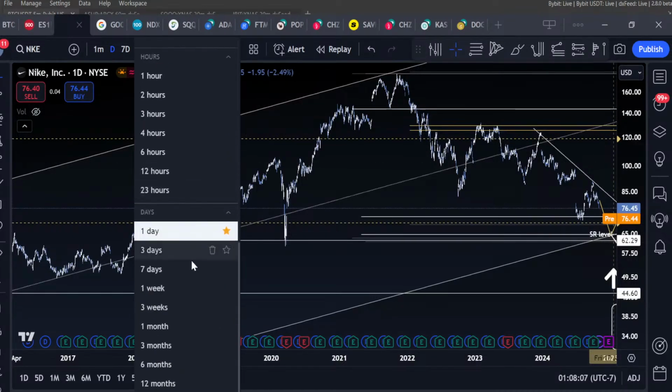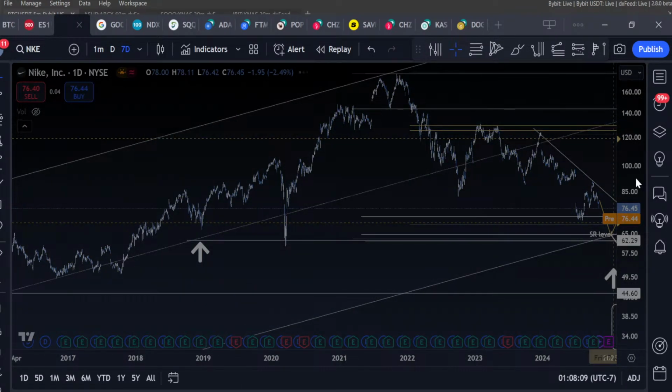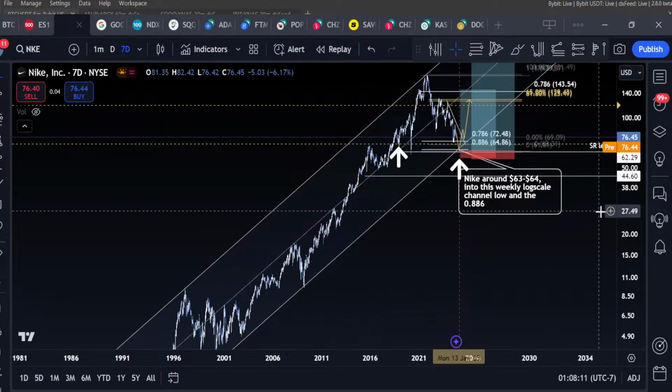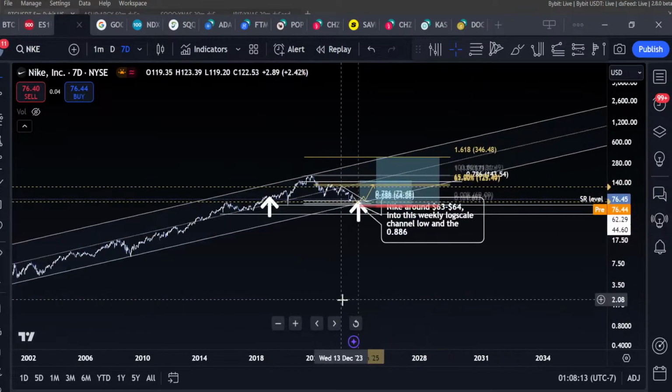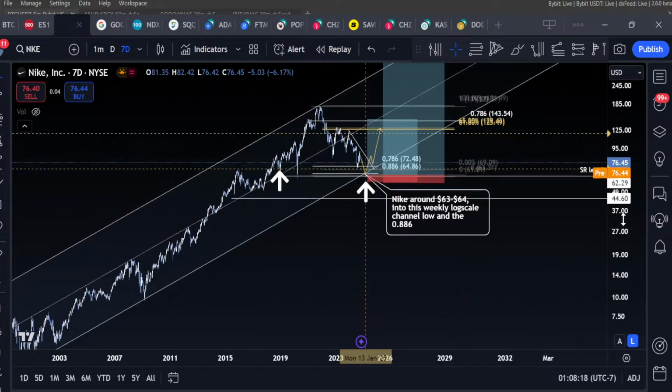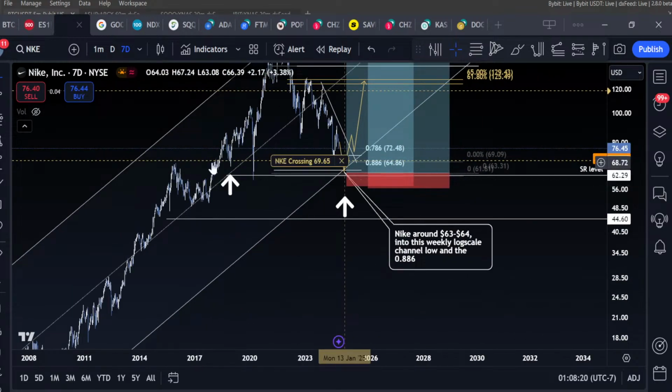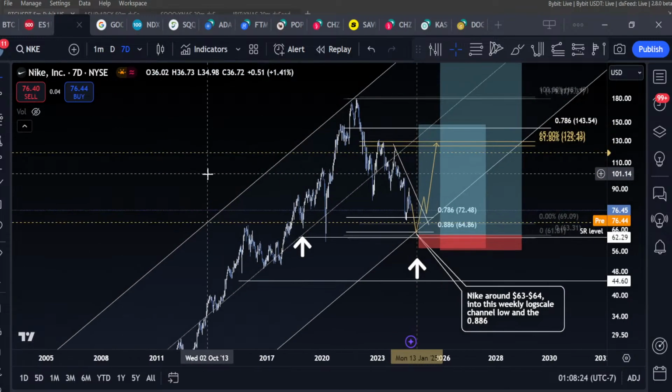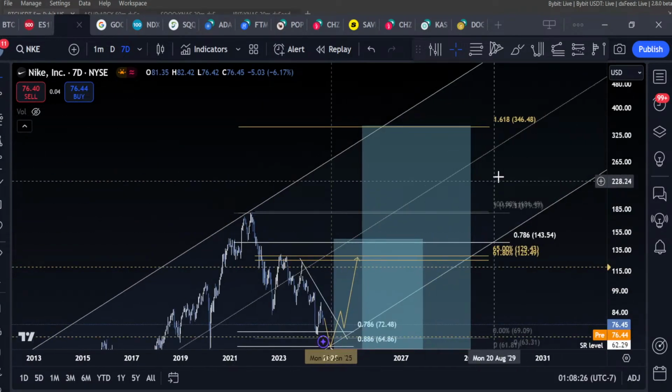All right, so let me go 7-day. There's this big log scale channel idea here, coming down, retesting these lows. So this is going to be a non-log and a log idea together. This is the log variation, this log channel.